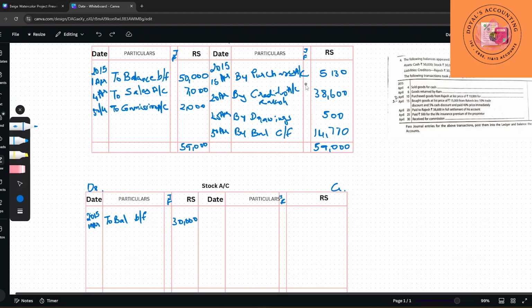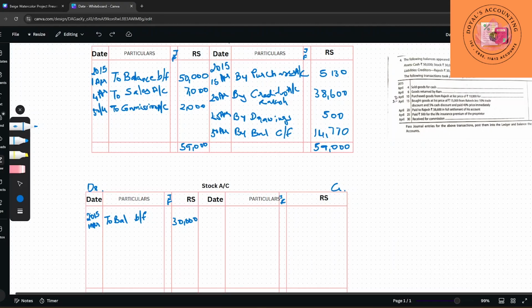So if you are making a cash account for the month of May, this carried forward balance will be brought forward balance. It will be the opening balance for the month of May, right? Closing balance of April will be opening balance of May. And there, instead of 50,000, we will be writing 14,770.